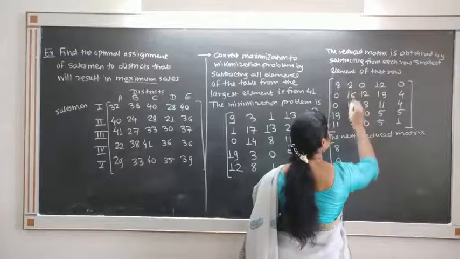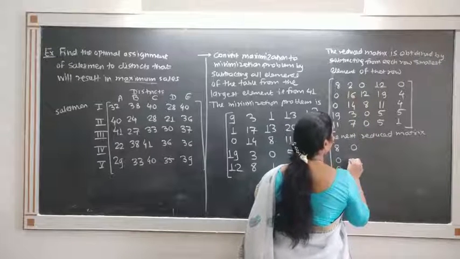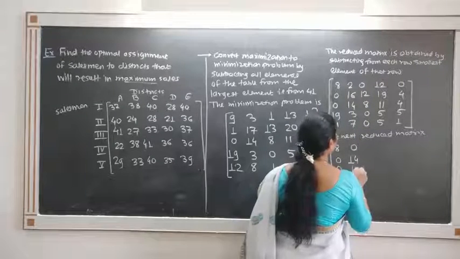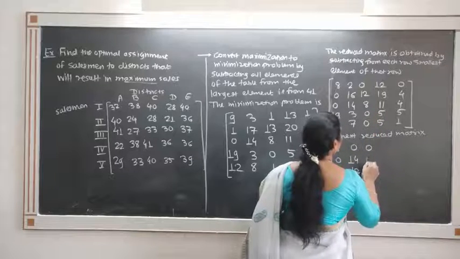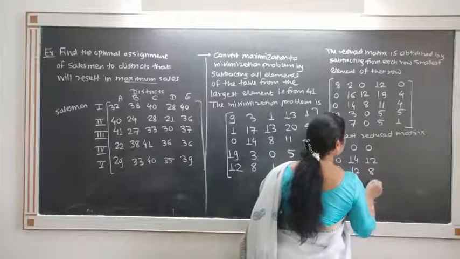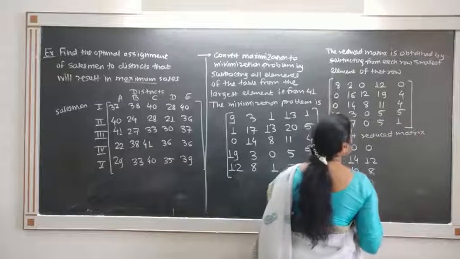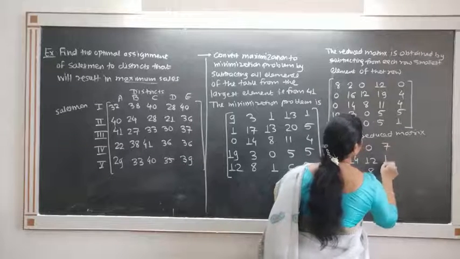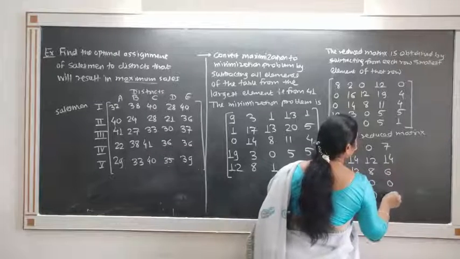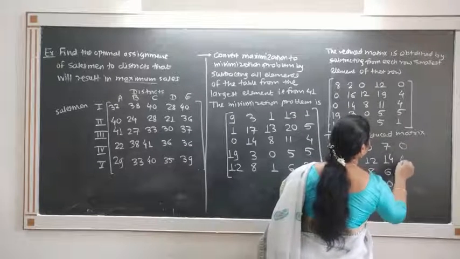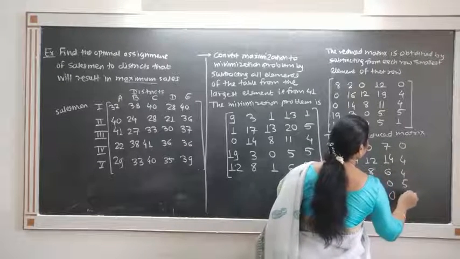In the second column, the smallest is 2, so we subtract 2 from every element. In the third column 0 is the smallest, so it remains. In the fourth column 5 is the smallest, so it remains. In the last column 0 is the smallest, so it remains as it is.